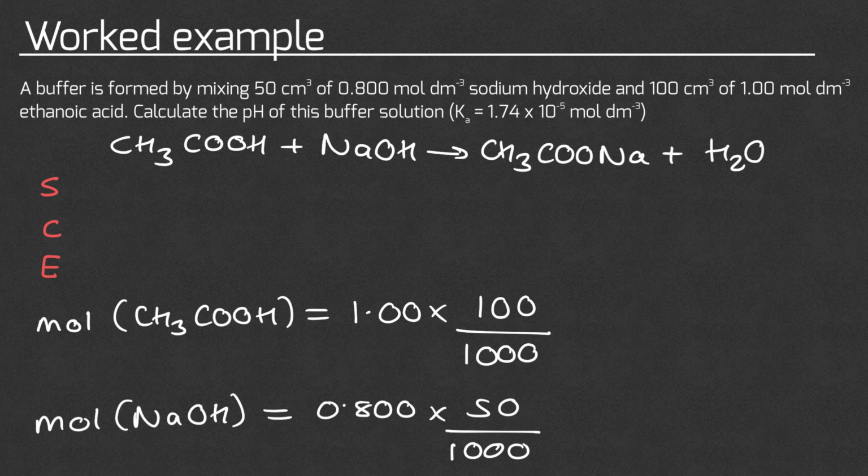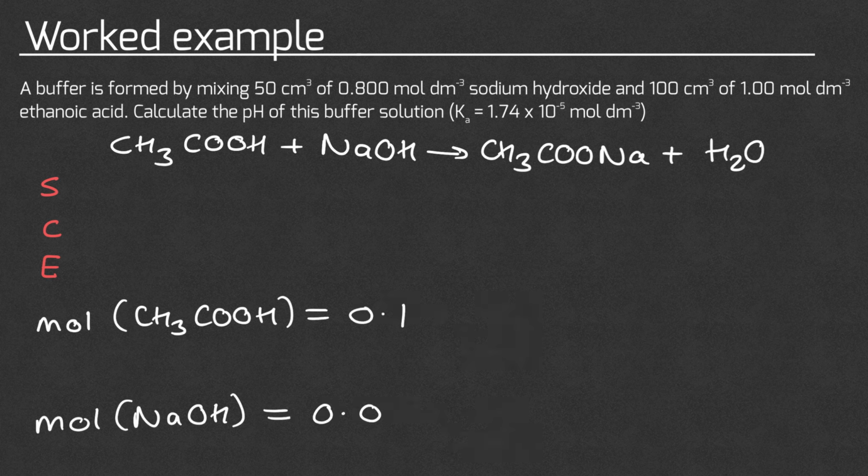So we'd need to use the concentration of ethanoic acid times the volume of it, and the concentration of sodium hydroxide times the volume of it. So that will give us 0.1 moles of ethanoic acid and 0.04 moles of sodium hydroxide. So we can now add these underneath the equation we've written.